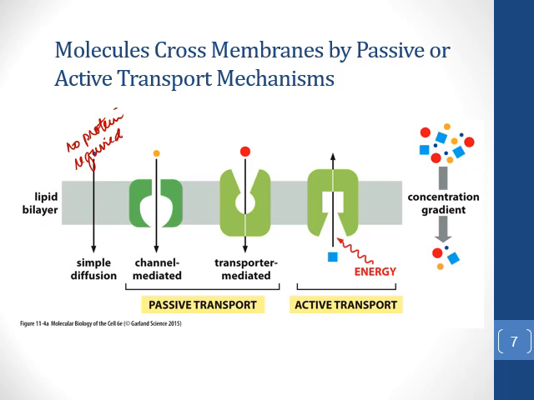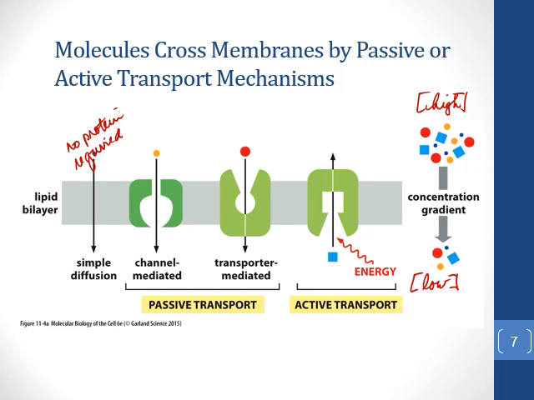Now, let's think about concentration gradients and the effect of concentration gradients on this. What this is showing is we've got a high concentration over here, and we've got a low concentration over here. Okay?